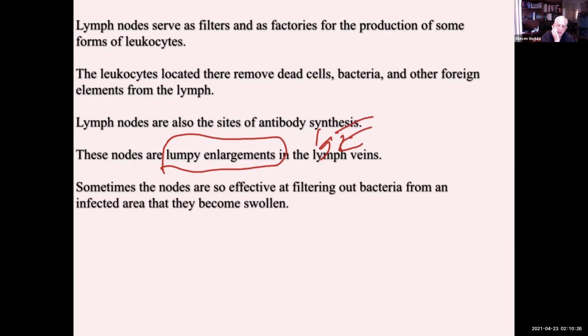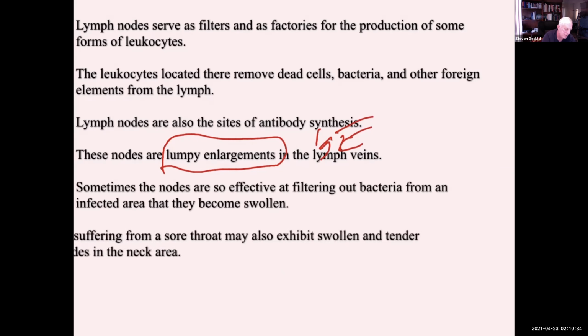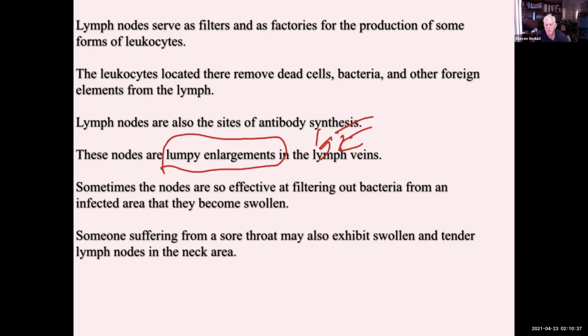Sometimes the nodes are so infected from filtering out bacteria from an infected area that they become swollen. And that's what we feel. Someone suffering from a sore throat may also exhibit swollen or tender lymph nodes in the neck because they're producing those antibodies to fight that infection.